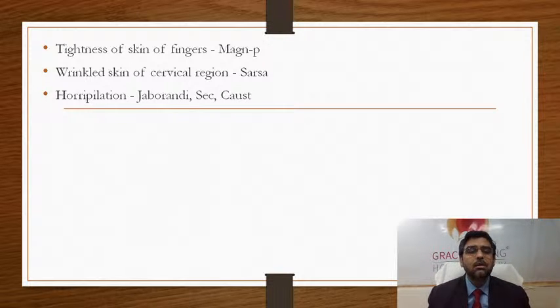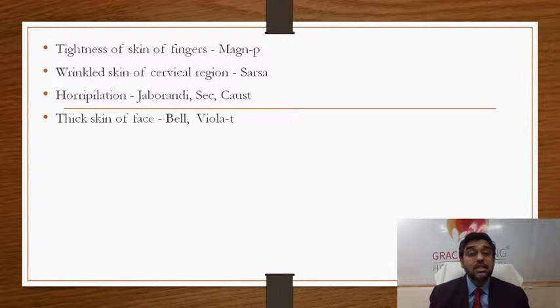Go and read this remedy. Don't always prescribe jaborandi for falling of hair and graying of hair. It has a lot of other indications also. It's a very nice remedy. I have cured a lot of cases using jaborandi in different disease pathologies.